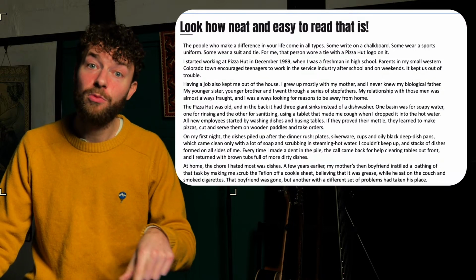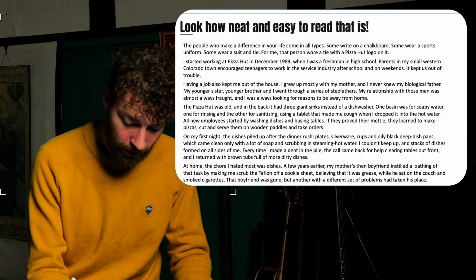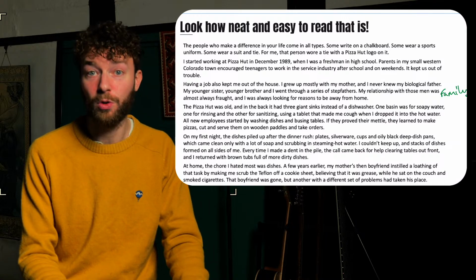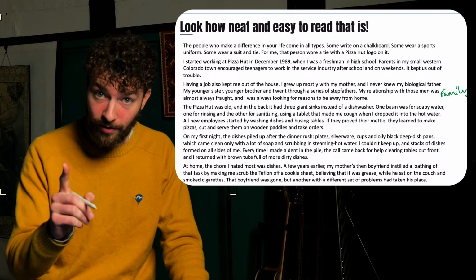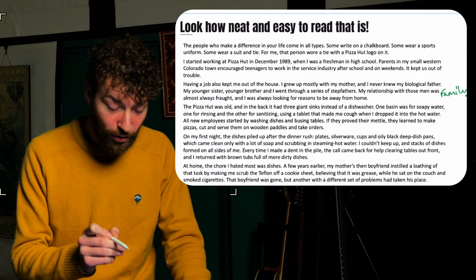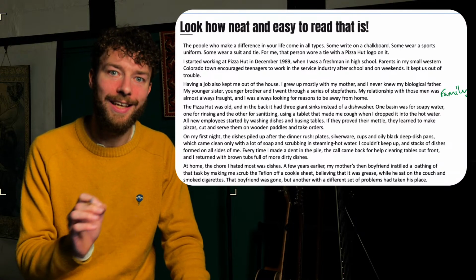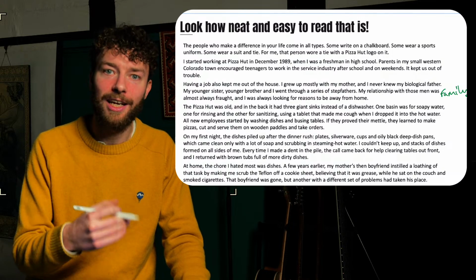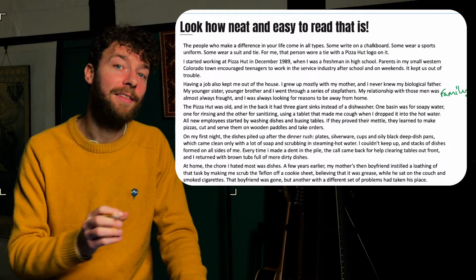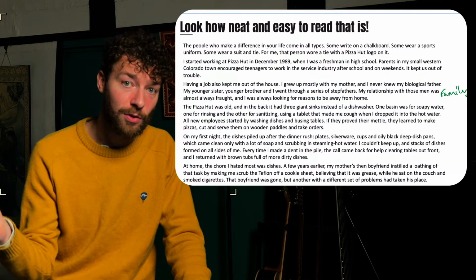Now, in terms of the titles of each section, how did you get on? So we already knew that the first one we were looking at was family because of all those words about family. Now the next one, I'm going to give you this trick. The first line or the first sentence is going to be your key to knowing what the next paragraph is about. If it's well written, and this is something I want you to remember for yours, that first sentence of each paragraph is the key to understanding what the paragraph is about.